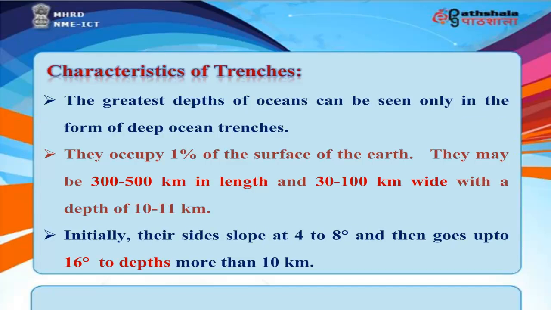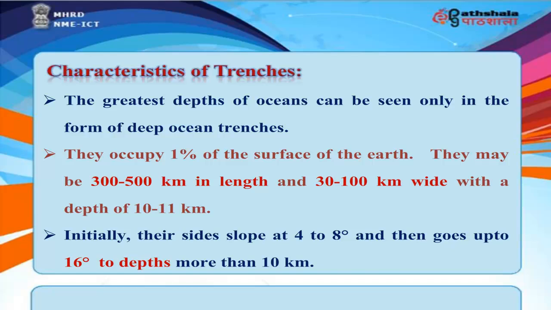Characteristics of trenches. The greatest depths of oceans can be seen only in the form of deep ocean trenches. They occupy 1% of the surface of the Earth. They may be 300 to 500 kilometers in length and 30 to 100 kilometers wide with a depth of 10 to 11 kilometers.